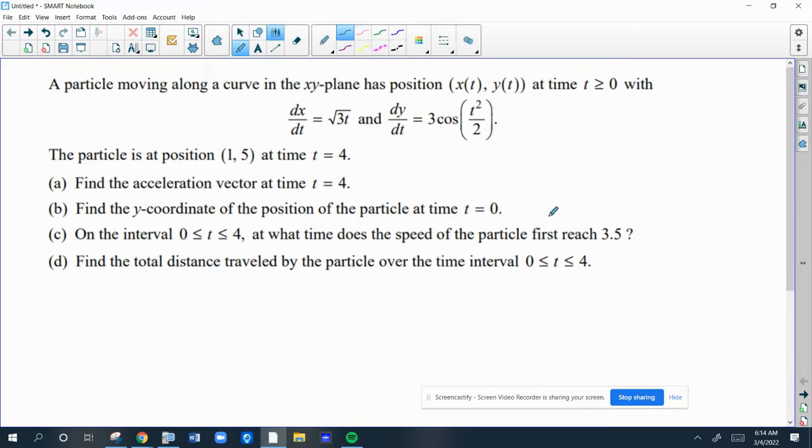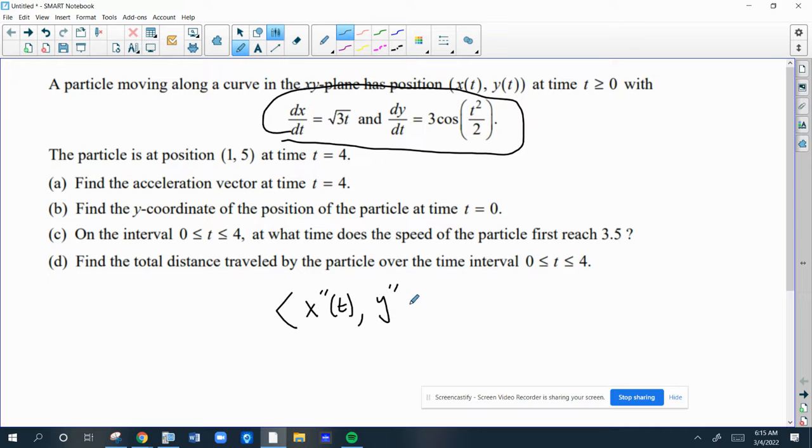So that's really easy. This is the position vector, so the acceleration is the derivative. So we're going to take the derivative and we're going to plug in t equals 4.